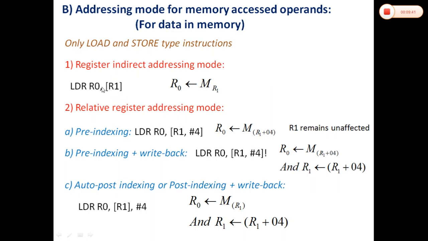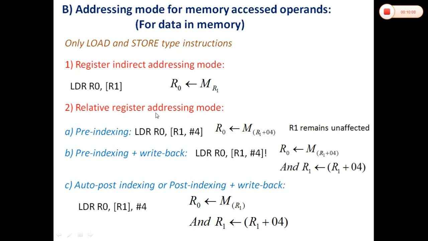So this shows that R1 contains the 32-bit address of the operand in the external memory, and therefore this instruction will load into R0 the content of the memory location whose address is present in R1. R1 works as a memory pointer, and the data pointed to by that pointer will be copied into R0. So this is the register indirect addressing mode.